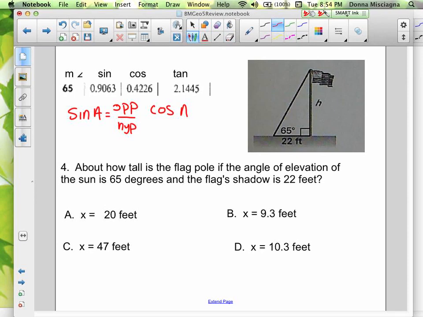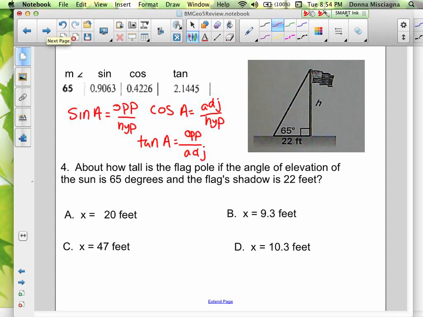Cosine of the angle is the adjacent over the hypotenuse. And then tangent of the angle is the opposite over the adjacent. Whether you're opposite or adjacent depends on the angle's point of view. Of course, the hypotenuse is always opposite the right angle.